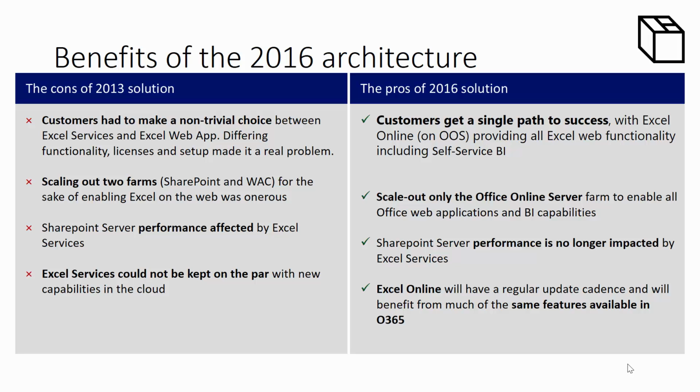Whatever improvements we make in Office 365, we will be making in the on-premises world as well, and IT administrators would be free to install it and upgrade their service in a continuous fashion.